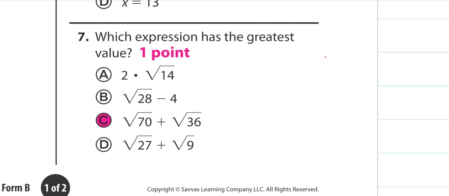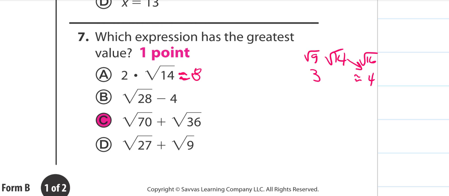We want to remember that the square root of 14 is somewhere between the square root of 9 and the square root of 16, much closer to 16 than to 9. So it's going to be between 3 and 4, closer to 4. If I were to roughly estimate this, it would be 2 times 4, which is about 8. It's not exact, it's about 8.